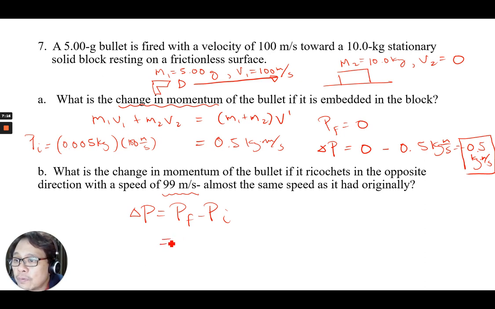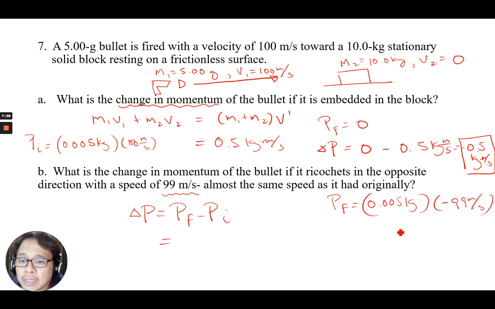We have solved for the P initial. The P final is equal to 0.005 kilograms, but this time we substitute 99 meters per second. If it's first heading to the right, now it's heading left. So negative 99 meters per second.